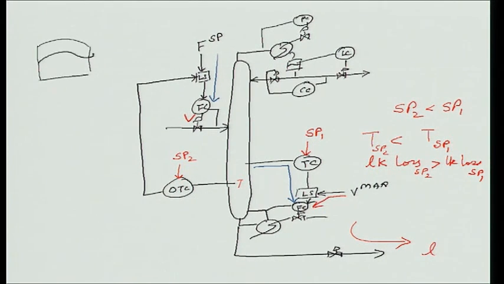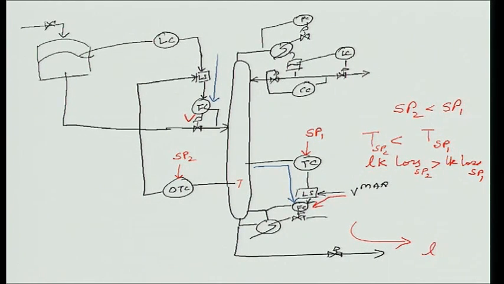And what was being done was that the outlet of this tank was flowing into the column, and ordinarily I have my level controller adjusting the outlet.